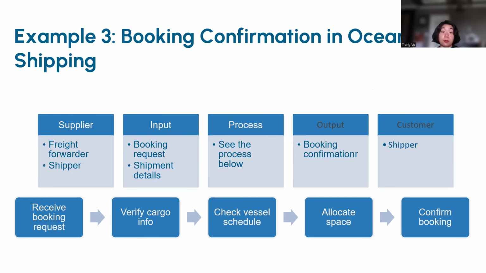The input is a booking request, including the container size, the routing, and schedule, and the process is receive the request, verify cargo information, check the vessel schedule, reserve space on the vessel, and send the confirmation. The output is the booking confirmation. And the customer is the shipper, the one who wants to deliver the goods. This SIPOC helps the logistics team avoid confusion and missed deadlines.